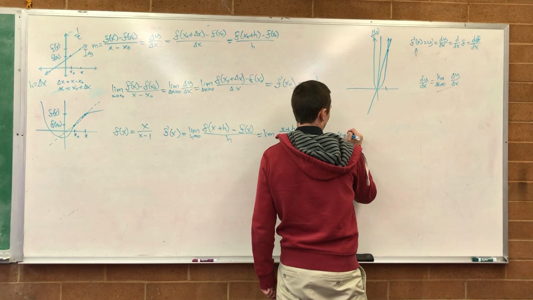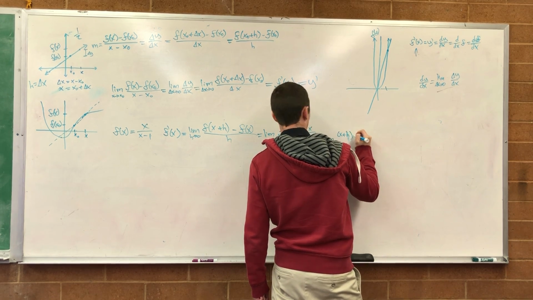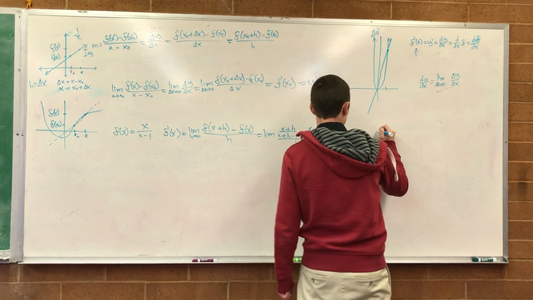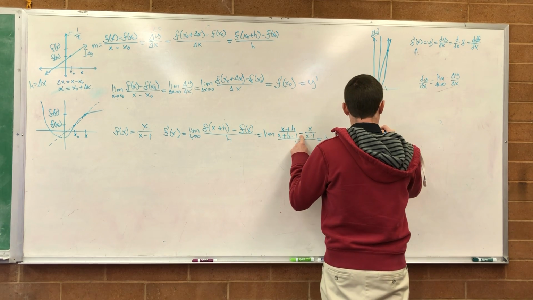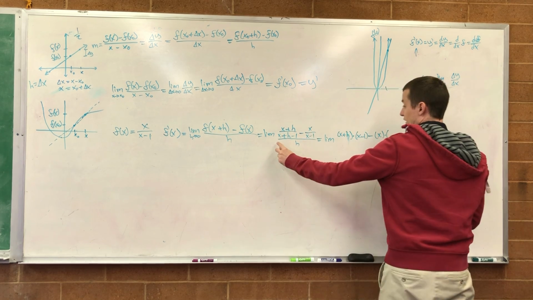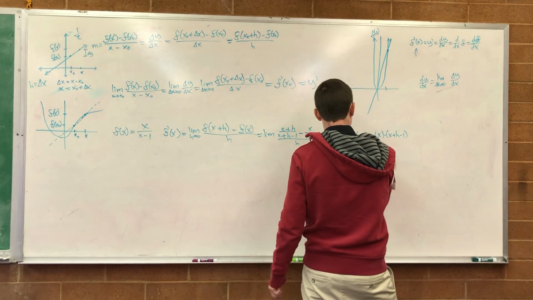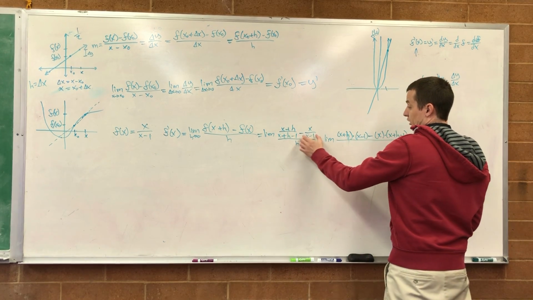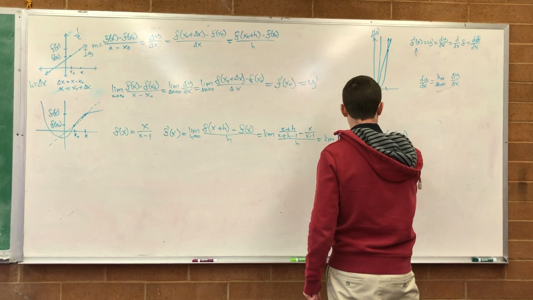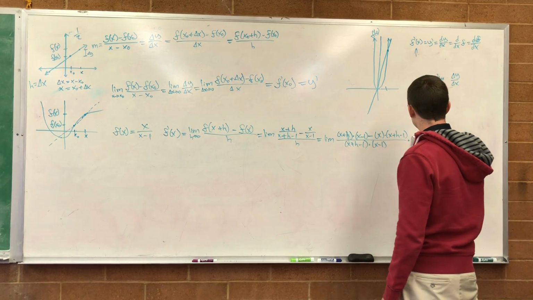So we're going to get x plus h times x minus 1 minus x times x plus h minus 1, all over, now we have a common denominator, x plus h minus 1 times x minus 1, all times 1 over h.